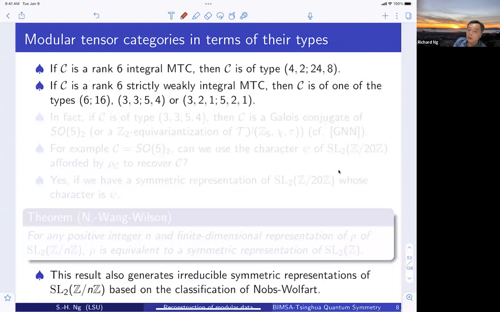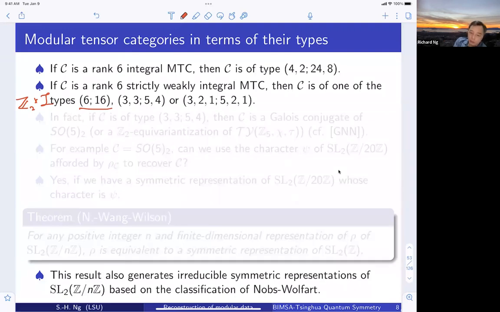But there are strictly weakly integral ones. Let me go through them one by one. This one is type 6, level 16. In fact, this is a semion together with Ising, so this is actually a tensor product of two modular tensor categories.